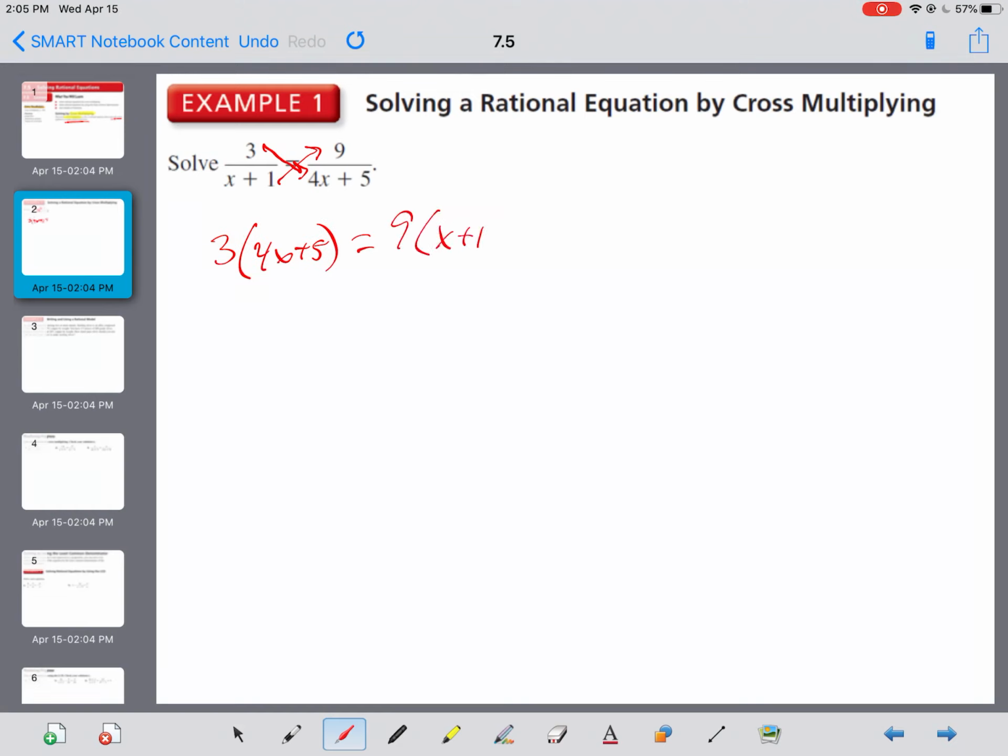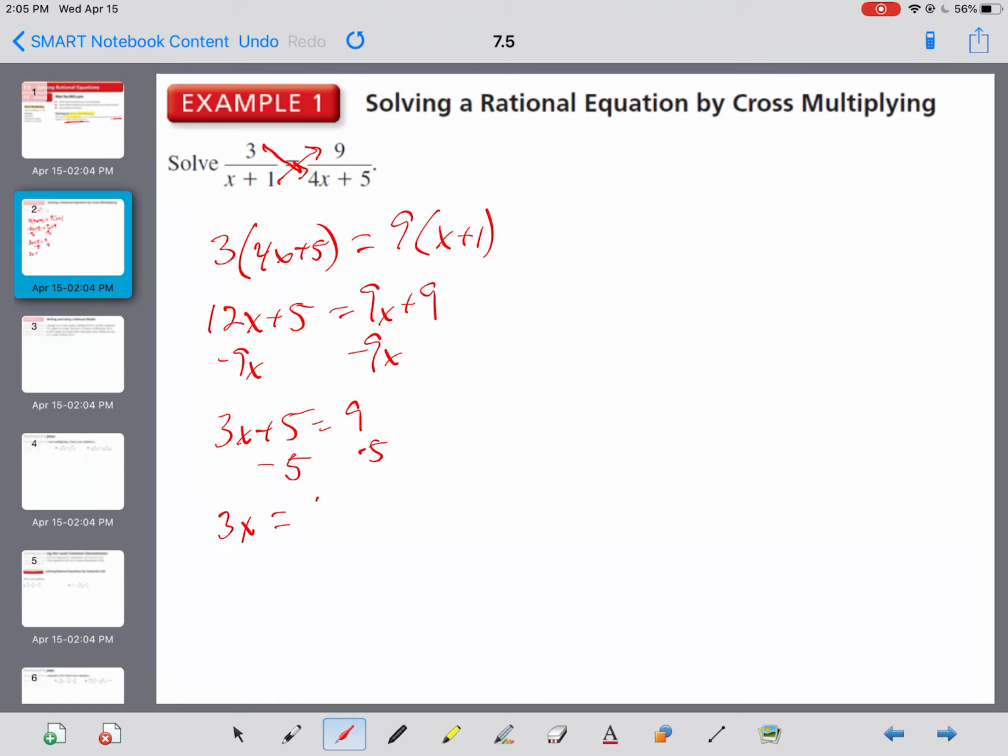So we've got 3 times 4x plus 5 equals 9 times x plus 1. So we've got 12x plus 5 equals 9x plus 9. Subtract 9x. 3x plus 5 equals 9 minus 5. 3x equals 4.